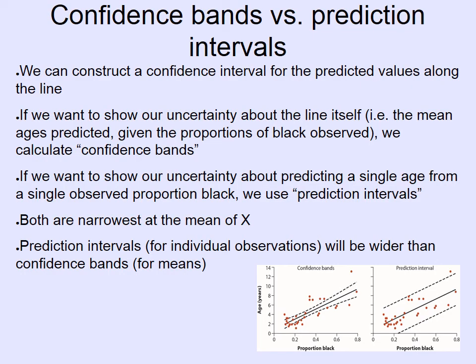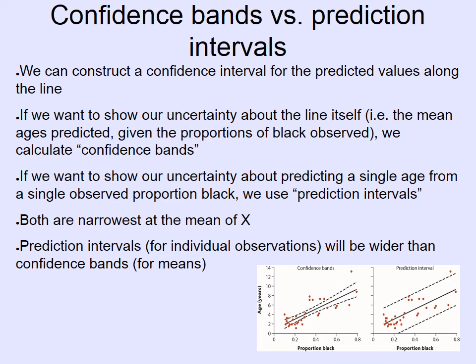One of the things that we might want to do with a linear regression model is predict values. If we want to show uncertainty about the line itself, we can calculate confidence bands. We're always going to be better at predicting trends in the data with our linear regression models.